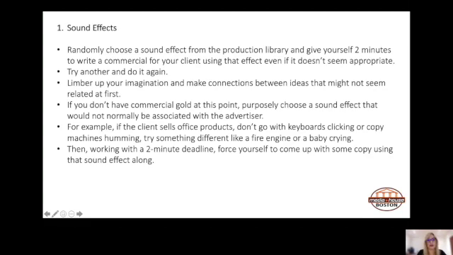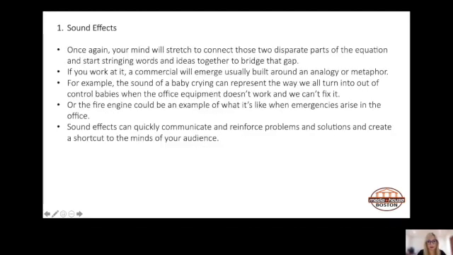Then, working with a 2-minute deadline, force yourself to come up with some copy using that specific sound effect. Once again, your mind will stretch to connect those two disparate parts of the equation and start stringing words and ideas together to bridge that gap.